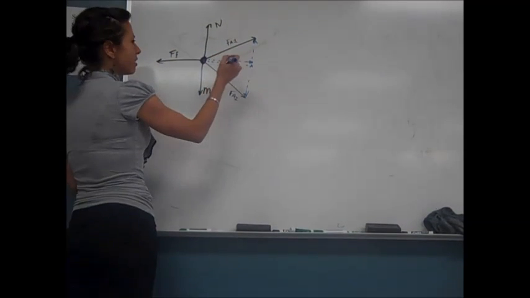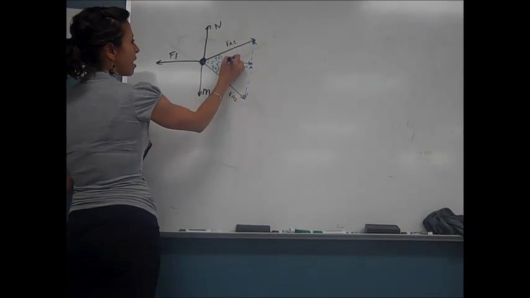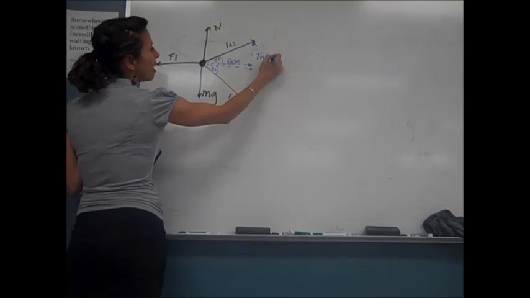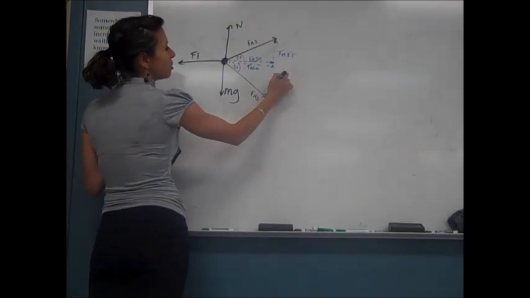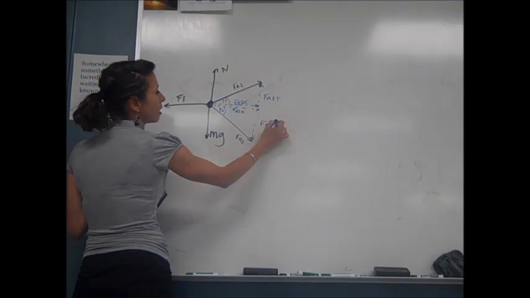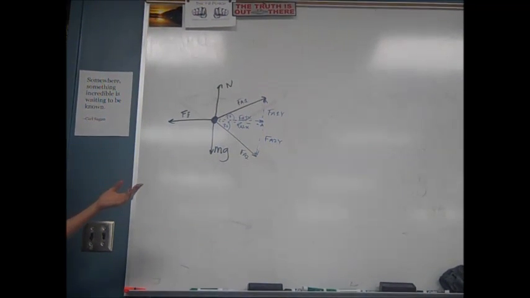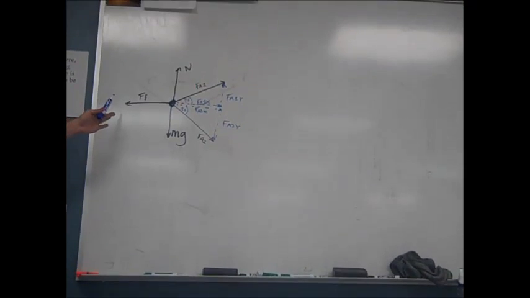And then this is 20 degrees, and this is 30 degrees, and this is FA1X and FA1Y, FA2X and FA2Y. So many subscripts. Okay, so then all the hard part is done, right?